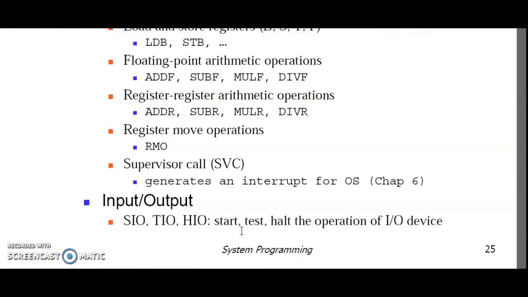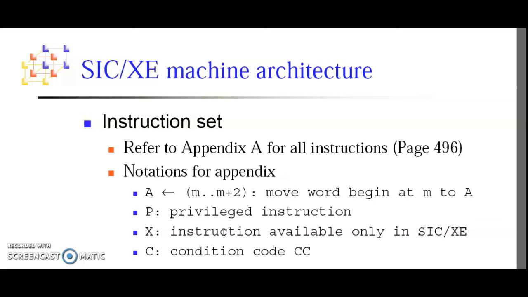Then related to IO instructions, there are start IO, test IO, halt IO. The purpose is to start, test, and halt the IO devices that are used. There are some more instructions given at the end of your textbook. If you want, you can refer to them for understanding purposes only.